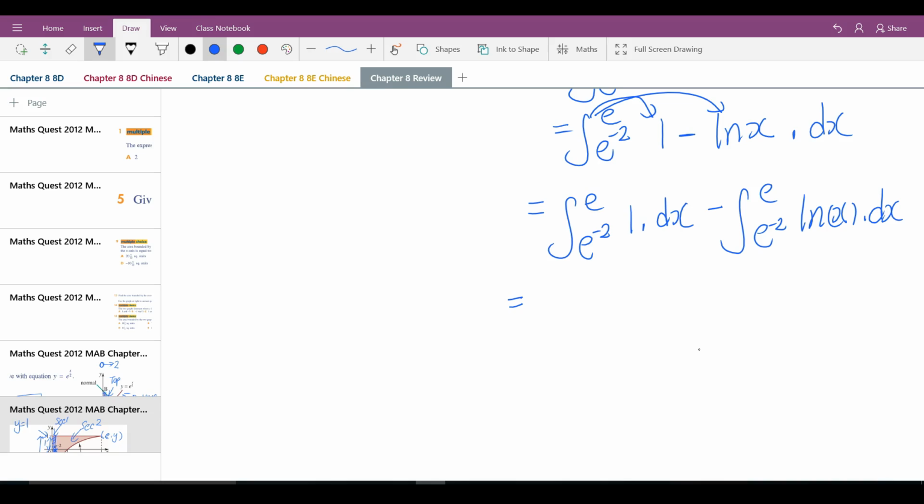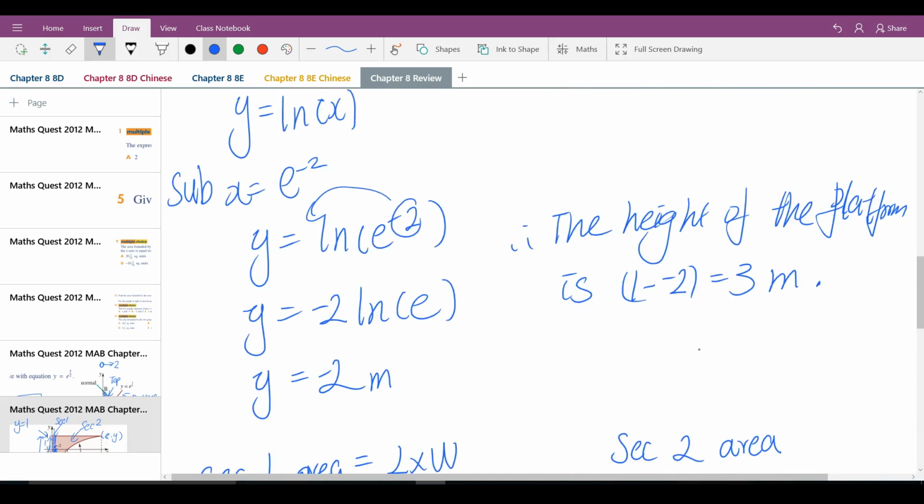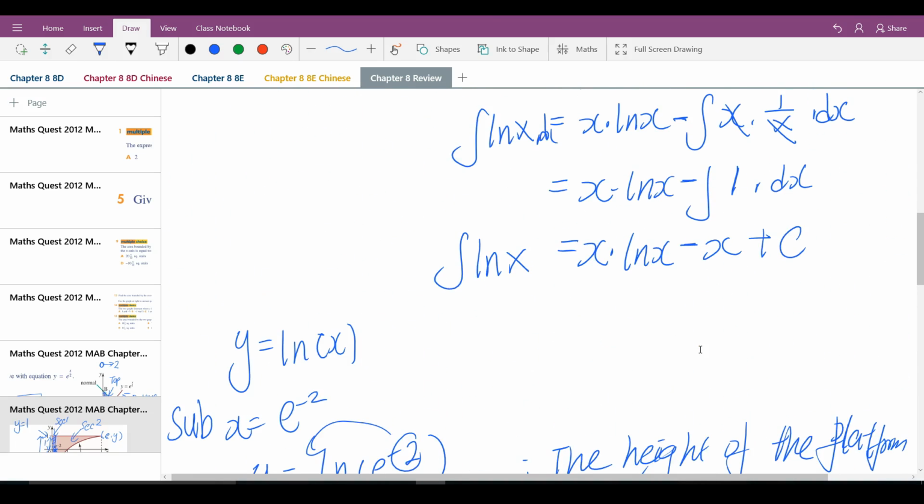So give you x from e to the negative 2 to e, and then minus, now we did the integration of ln x before, right? So that was x multiplied by ln x minus x plus c.